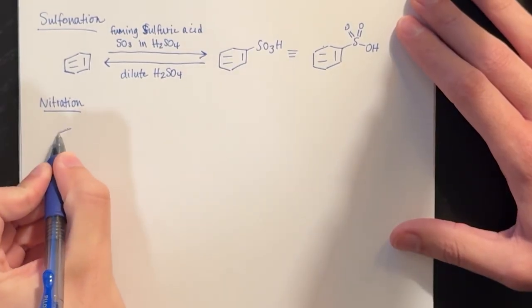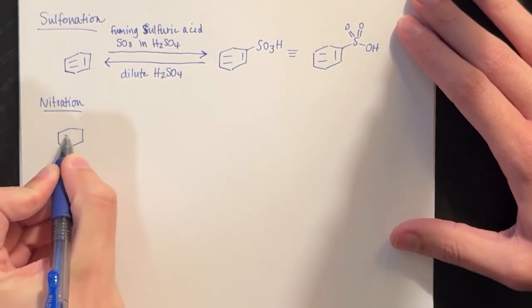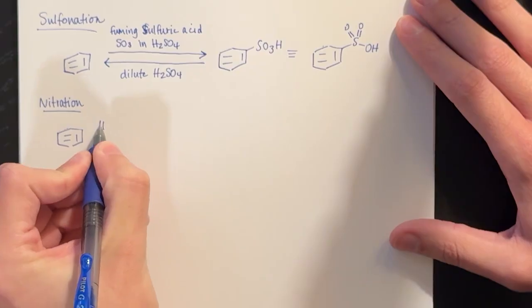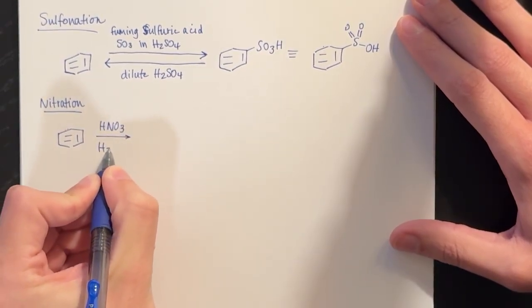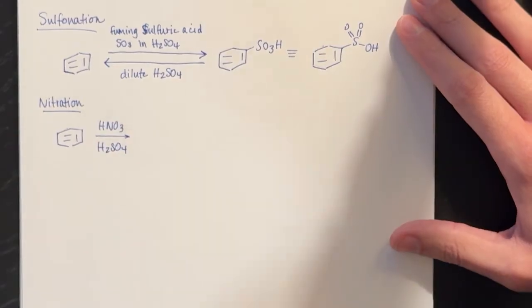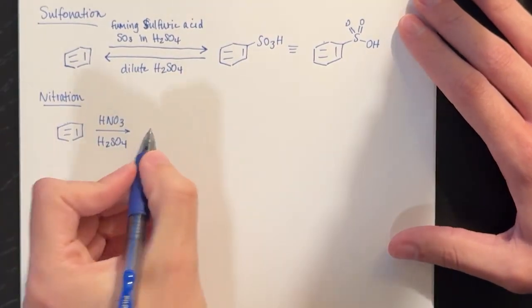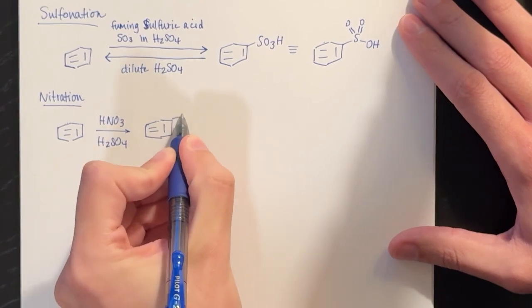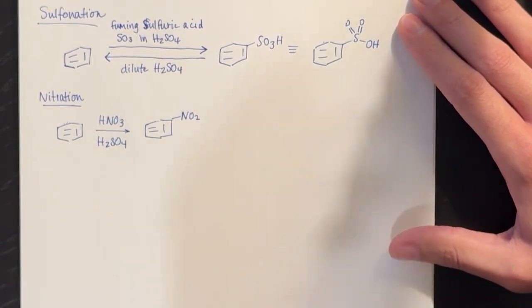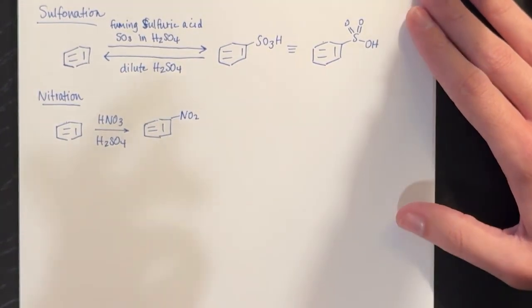So we start with benzene, react it with nitric acid and sulfuric acid. And we get nitrobenzene.